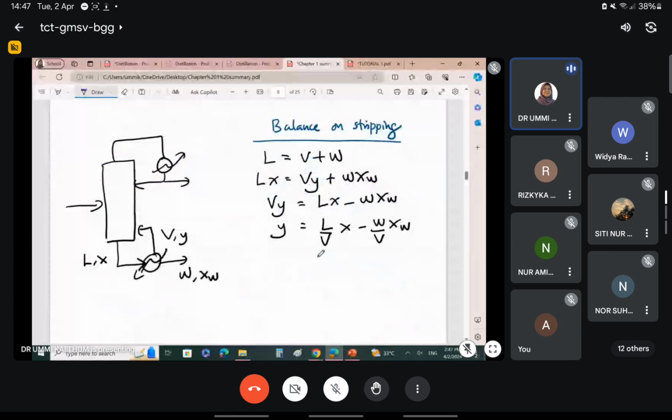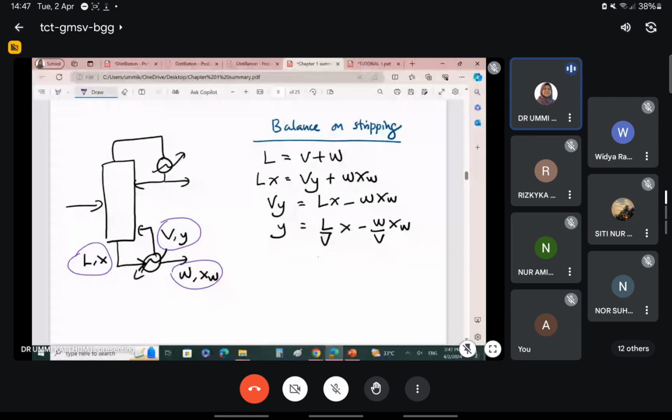So tengok on stripping. Okay, stripping kat bawah ni. Yang keluar ni adalah L. Okay, the composition is x. So masuk reboiler. Okay, yang keluar daripada reboiler is vapor phase. So vapor and the composition is y. And yang keluar adalah bottoms products W and xW.